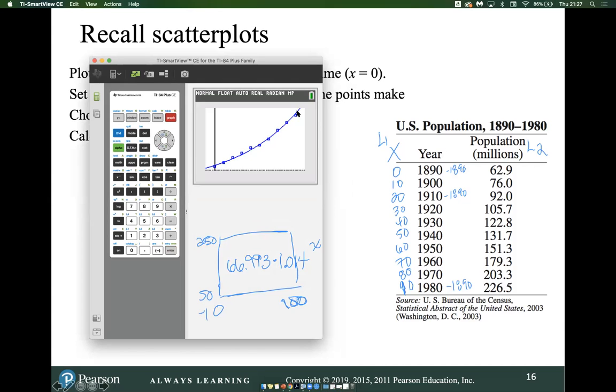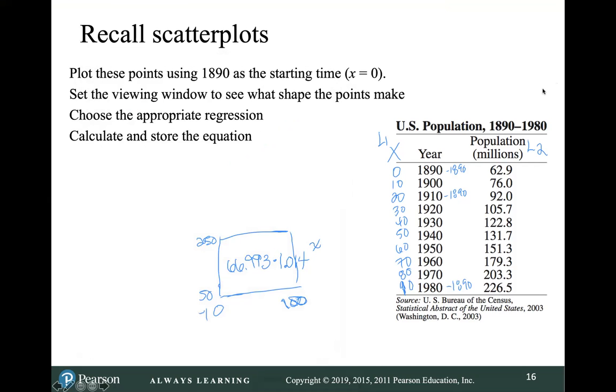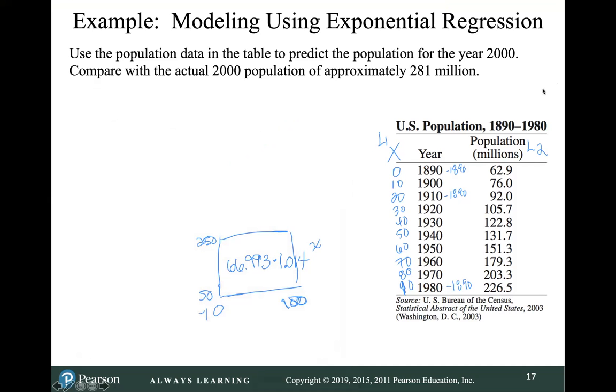Okay. So the second part of this problem is actually using this function to predict something. So now what I'd like to do is use this population data to predict the population in the year 2000, okay? Now our actual population in 2000 was approximately 281 million. That's for the US population.